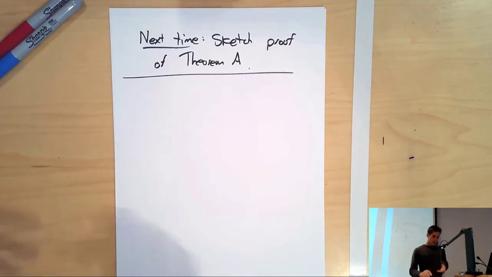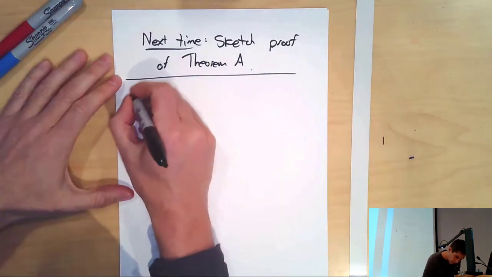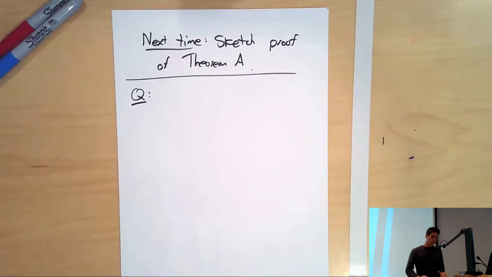So I want to end this lecture by saying a few words about a more basic question than how do you prove a theorem: how do you define the objects that are appearing in the statement of that theorem.